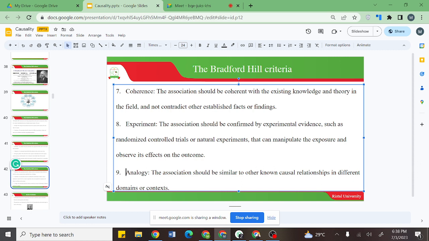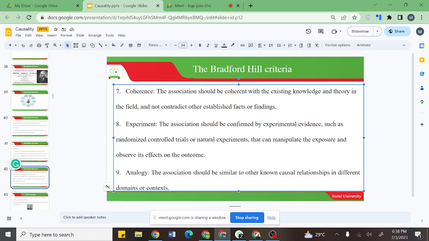So you can conduct what we call an experimental study. That will give you the proof that the exposure is associated with the given health outcome. Okay? Then we move to what we call analogy. It's the last principle.